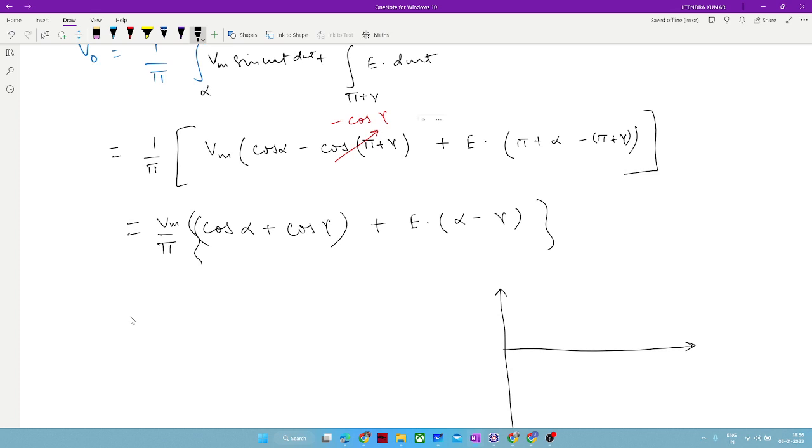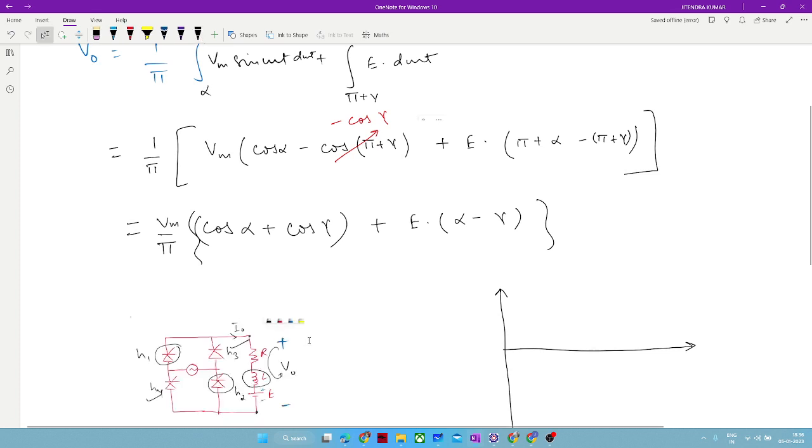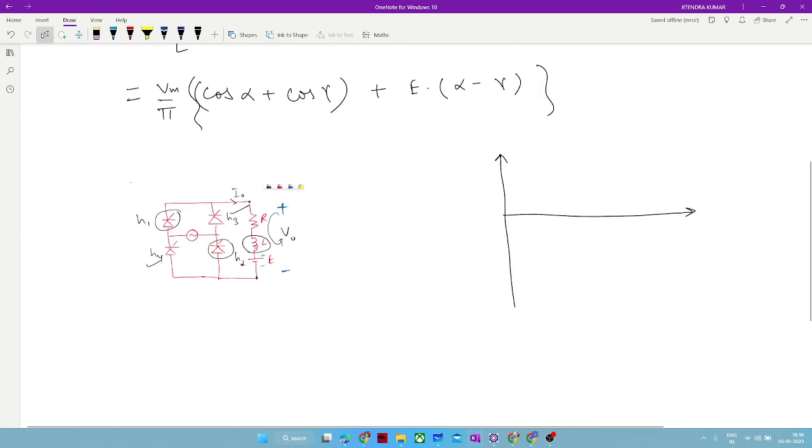You just need to find the relationship between source current and load current. From this figure, you can see when H1 and H2 will conduct, Is is equal to I naught. And when H3 and H4 will conduct, your Is will be equal to minus I naught.